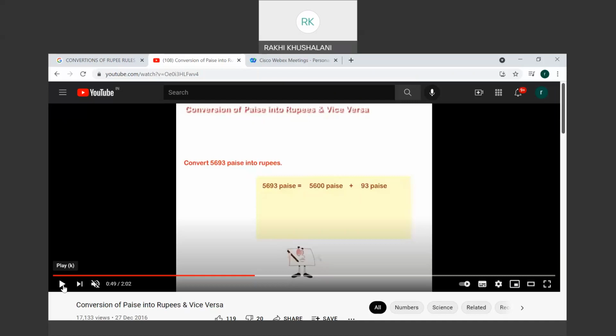If we do it directly also, there is no problem. I will do that method also. So 5,600 paise gives me, say to yourself, 56 rupees. And 93 paise becomes 0.93 rupees.